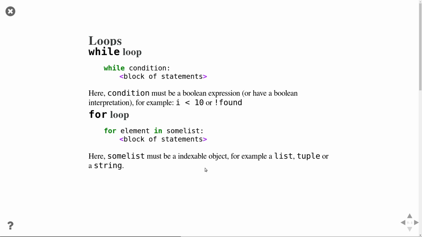Then we also have a for loop in Python. So for loops are used to loop over lists, over items of lists. So the for loop reads as follows. You use the for keyword at the beginning. Then you specify how each element should be called. So this is an arbitrary name that you can type in here.